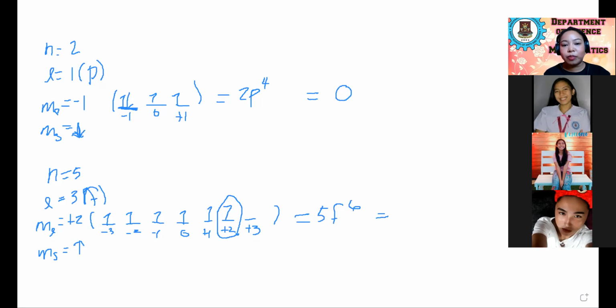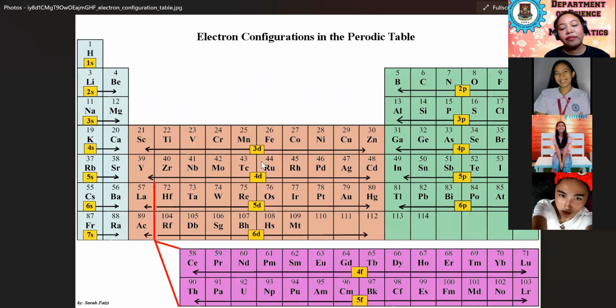Let's go to our periodic table. So where is 5f? It is found at the last row, in the actinide series. Since it is the sixth, we count 6 here: 1, 2, 3, 4, 5, 6.